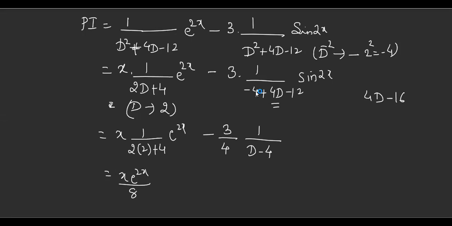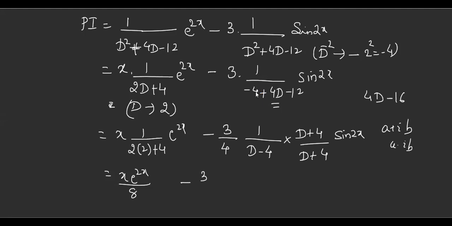Whenever you deal with case 2 and you have such a linear factor, you have to multiply and divide by the conjugate pair. What is the conjugate pair of D minus 4? D plus 4, that's all. See, in complex numbers, when you have a plus ib, it is a minus ib. But here, D may be in the first place or second place, need not worry. Just write, if you have a minus b, write it as a plus b. If you have a plus b, write it as a minus b. That's all. Is the step clear?